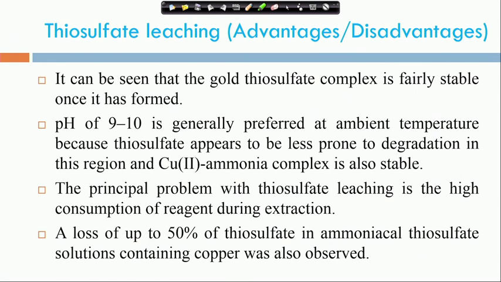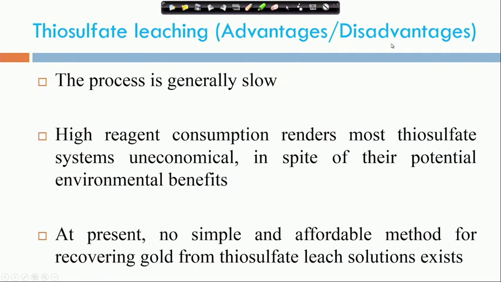Around 50% of the thiosulfate is lost there, so it's not a very efficient process. It's also a slow process with a lot of consumption, so it becomes uneconomical in spite of its potential environmental benefit.